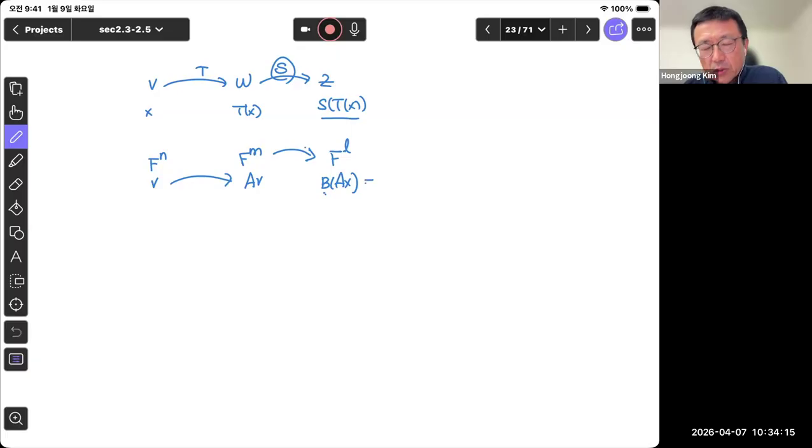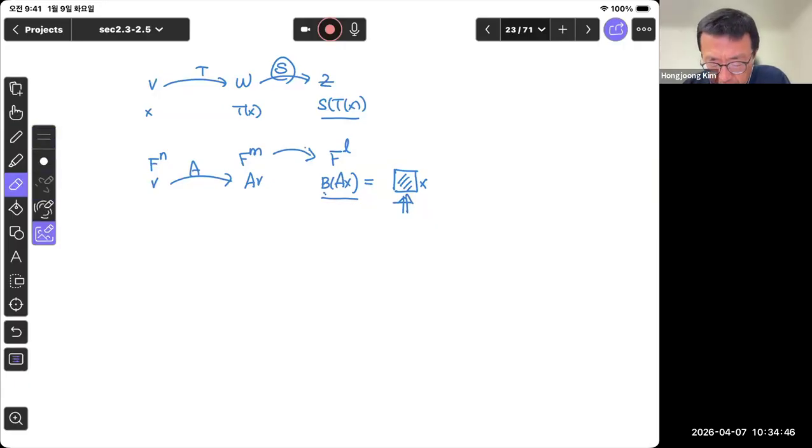We want to define a product, meaning we want to define a single matrix which maps this X to this final result. So how do we define this? Given A and B, let me change the notation as in the textbook.